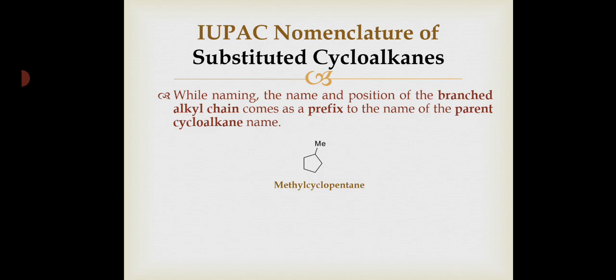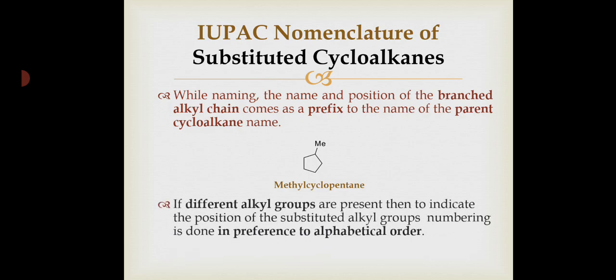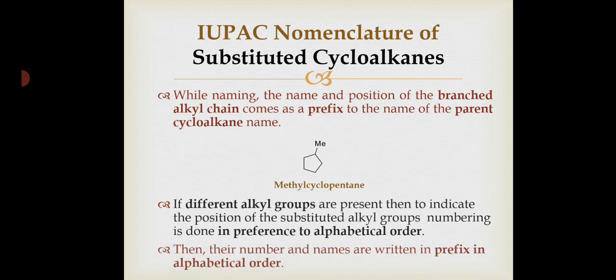But what happens if the ring is disubstituted with 2 different alkyl groups? If 2 different alkyl groups are present, then to indicate the position of the substituted alkyl group, numbering is done in preference to alphabetical order. Then their number and name are written in prefix in alphabetical order.